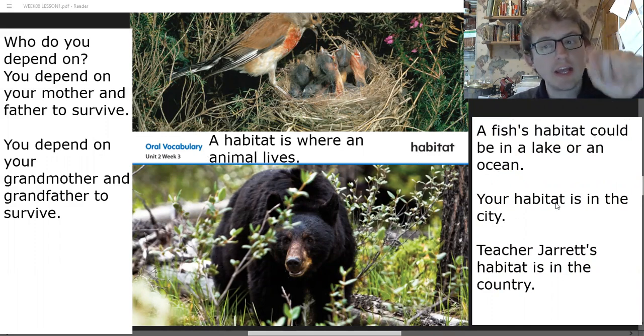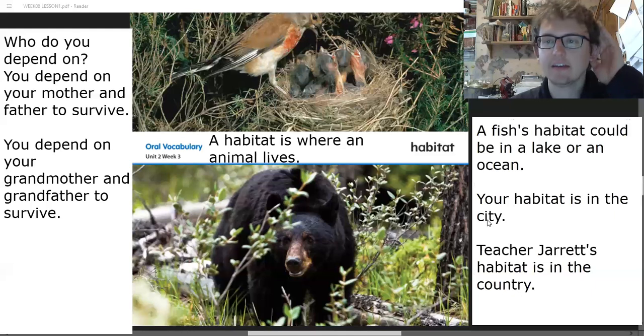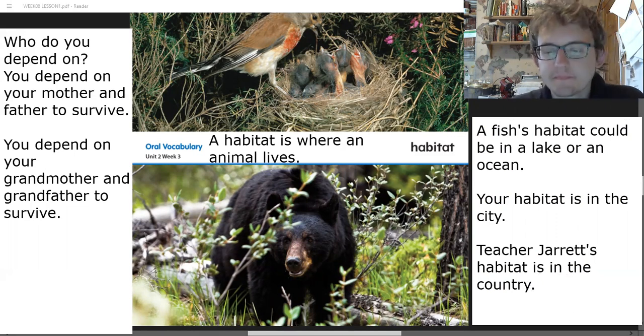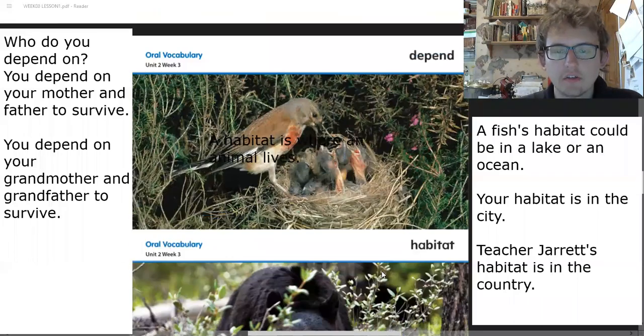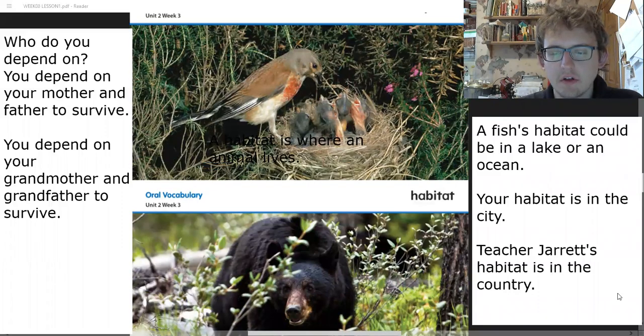Your habitat is in the city. Teacher Jarrett's habitat is in the country. Okay? All right, so those are two new words, depend and habitat. So now we're going to learn more words, okay?